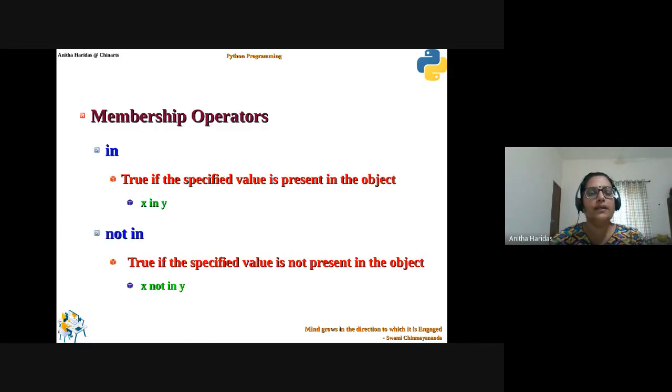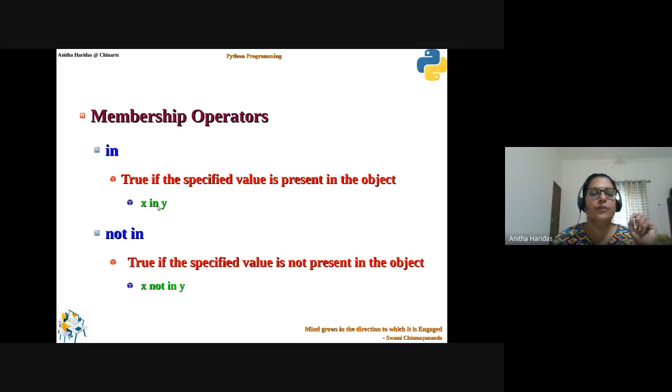Now, the other operators are called membership operators. One is called in, the other one is not in. So the in operator will return true if the specified value is present in the object or in the collection, right? I repeat, it will return true if the specified value is present in the object, or you can call it a collection.